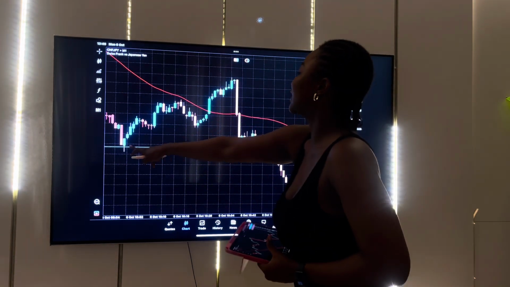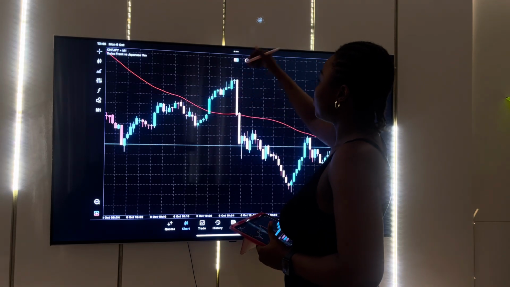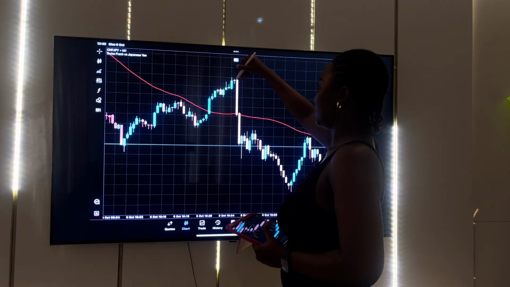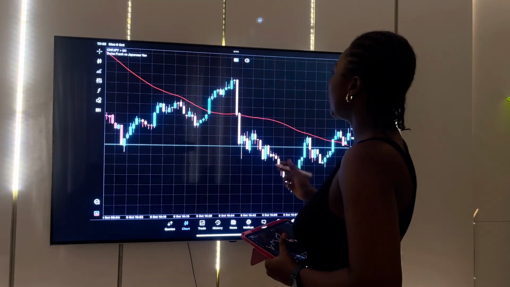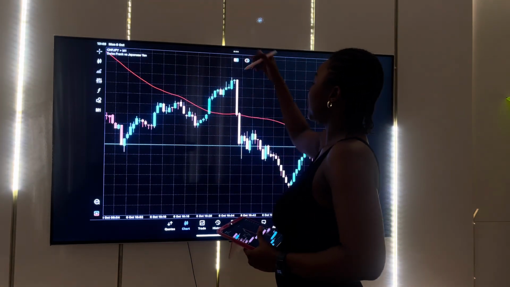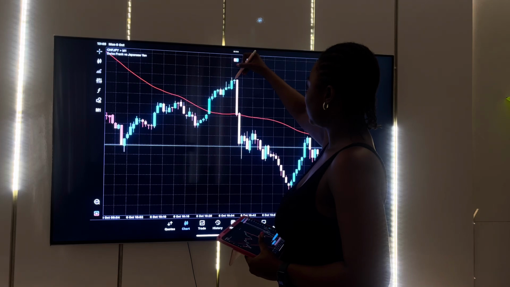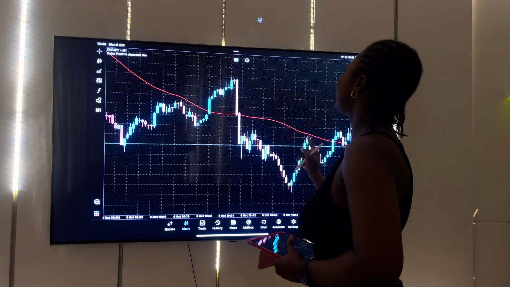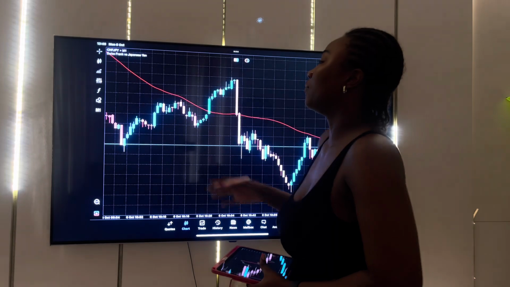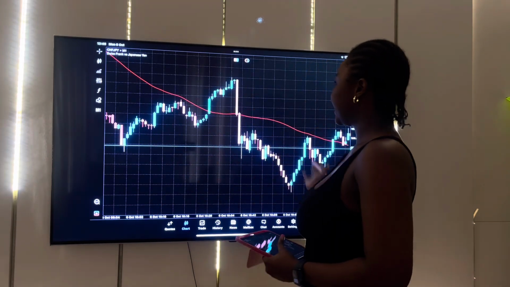For example, now this was an upward movement. As soon as this doji candle appeared, boom, price changed direction. So this is a very good sign. For example, if you see the doji candle and then a big green candle, you should know that the price momentum has shifted from the buyers to the sellers.